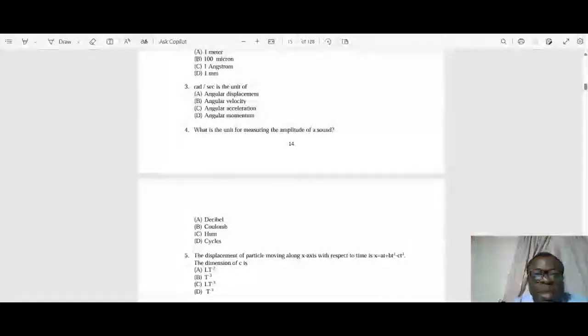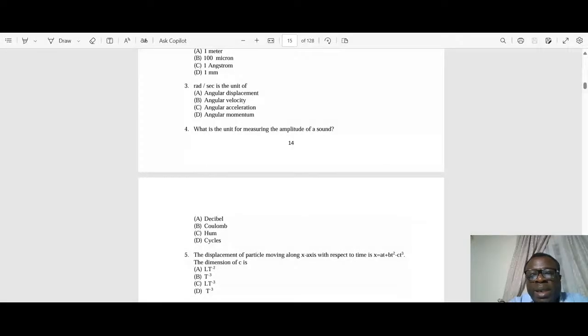The dimension of C is, I repeat that again, the displacement of a particle moving along x-axis with respect to time is x equal to at plus bt square minus ct raised to power 3.